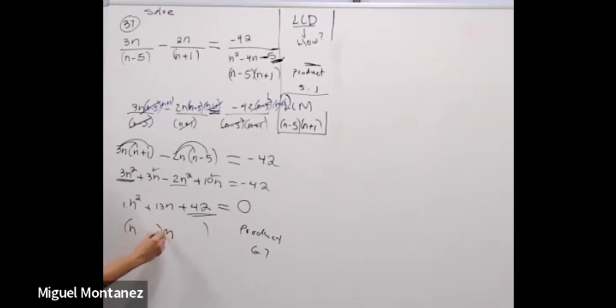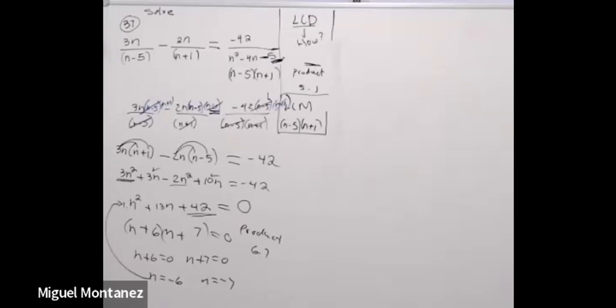So we have n plus 6 times n plus 7 equals 0. So we have these two equations that we can solve: n plus 6 equals 0, n plus 7 equals 0, negative 6, negative 7. These are the solutions for this equation, but they might not be the solutions for the original exercise.